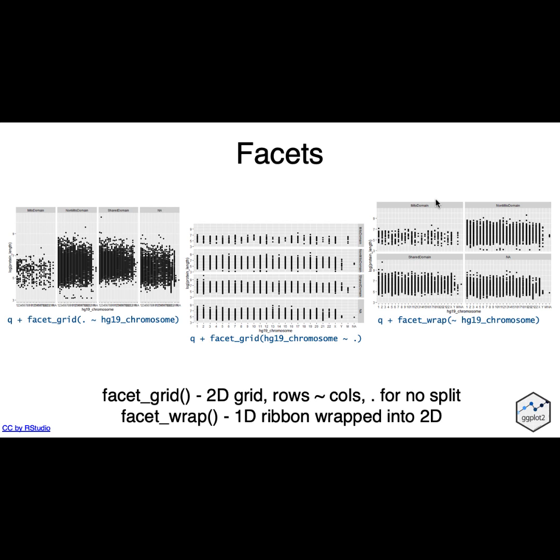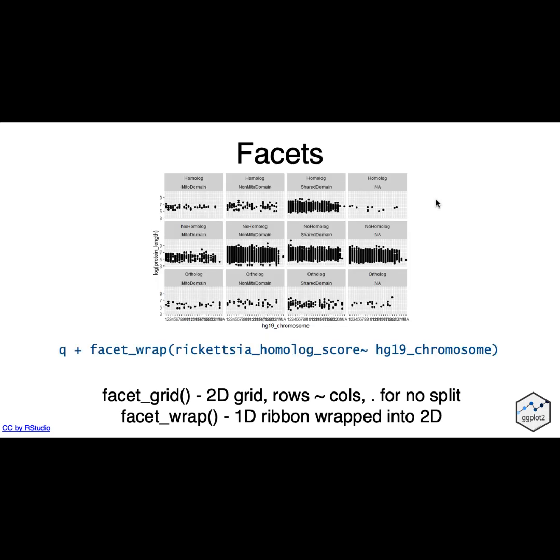So what happens if we facet HG19 chromosome by a different variable? This might be a little bit easier to explain what the period does. So here I have faceted the rickettsia homolog score by the HG19 chromosome variable. And if you look, this is rows by columns, right? So our rows are homolog, non-homolog, and ortholog, going across in rows, right?